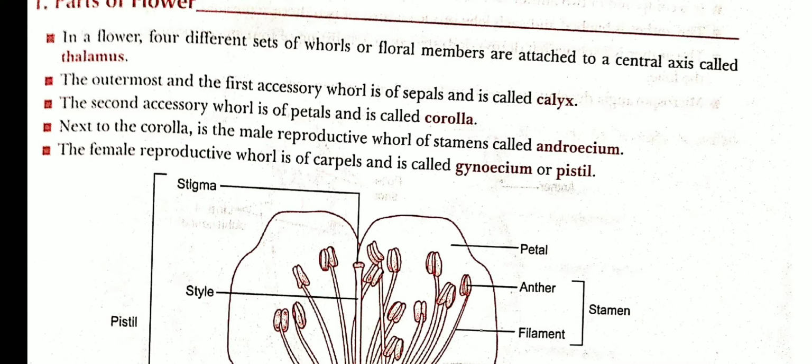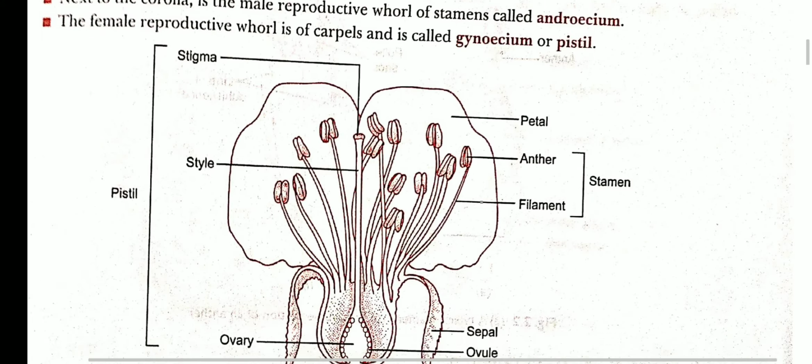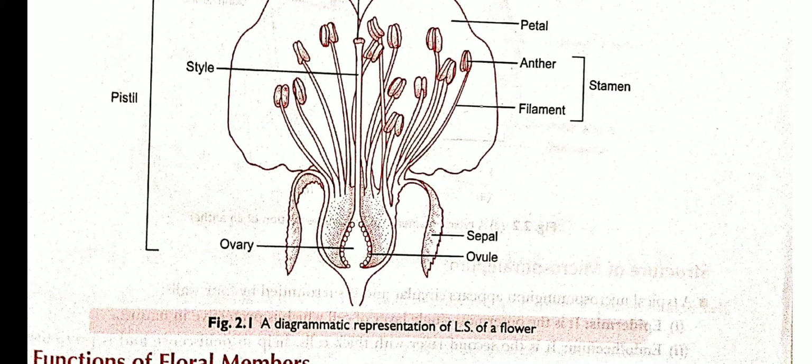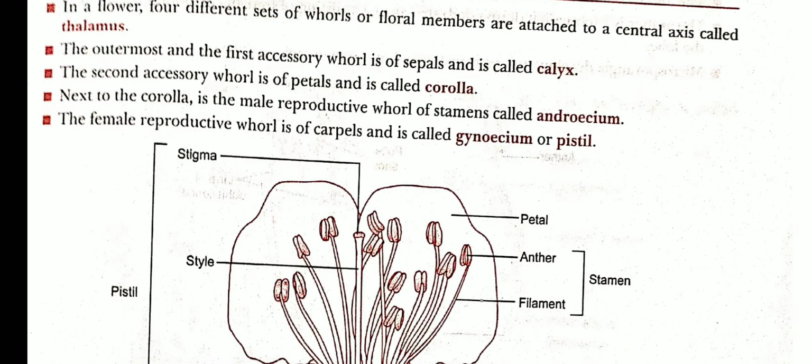The second accessory whorl is of the petals, and these are generally colorful as shown in this flower. The bundle of petals constitutes the second accessory whorl, called the corolla, and next to the corolla is the male reproductive whorl, which includes the stamens, and hence it is called the androecium.